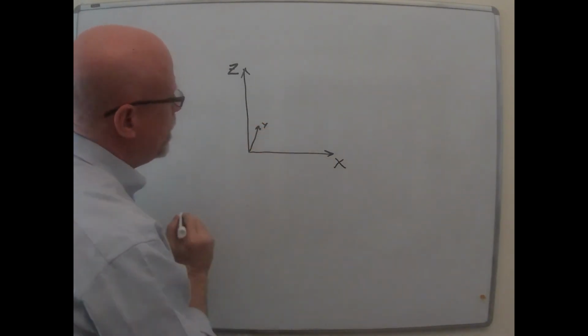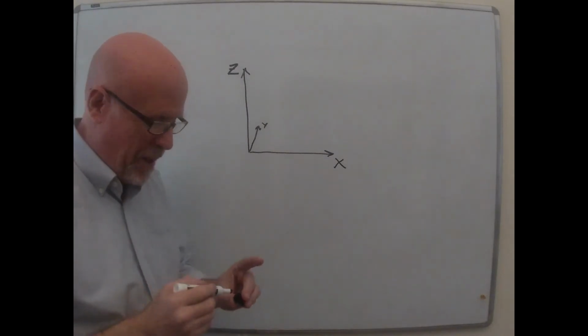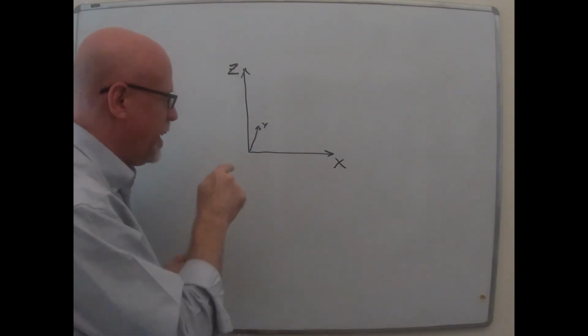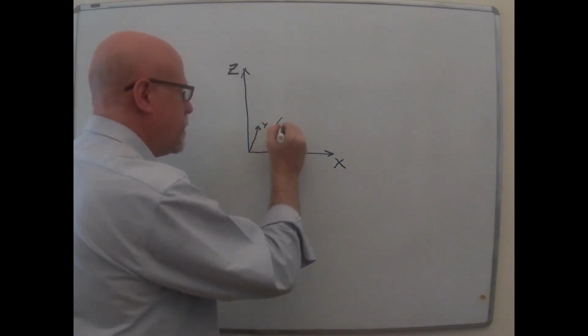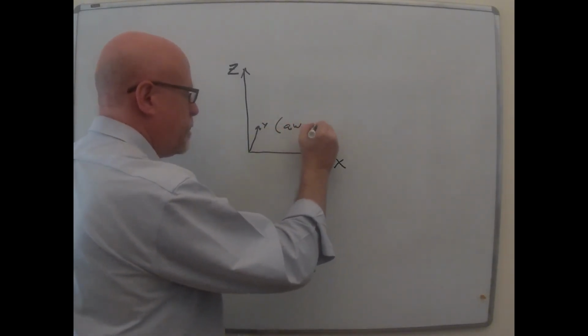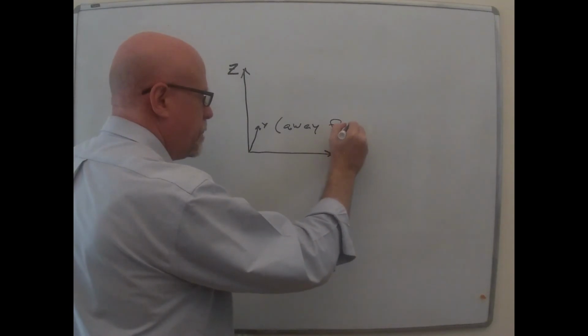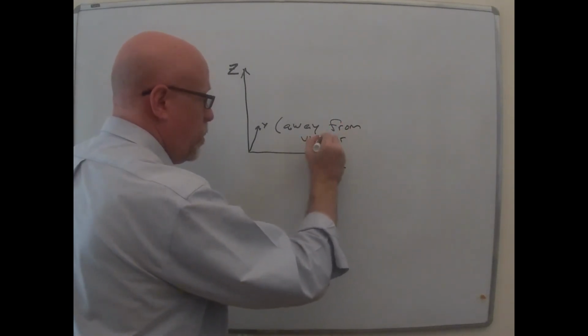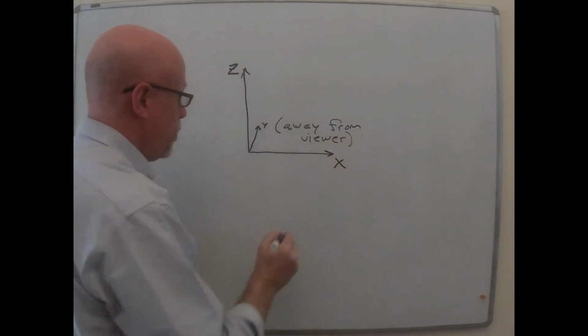Is that working? I don't know. But yeah, so X and Z, normal positions, Y, into the board, or away from you. Because honestly, when you draw something on a flat board, can you really tell whether it's coming towards you or away from you?